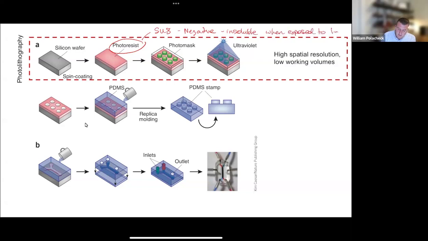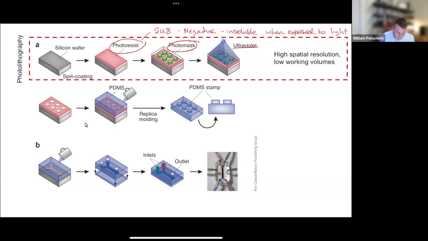So what that allows us to do is make a photomask like what is shown here. And a photomask simply allows light to go through at some spots and blocks light from going through at other spots. So we put the photomask on top of a photoresist coated wafer and we expose it to high intensity light, and regions that get hit with light get cross-linked and become insoluble.